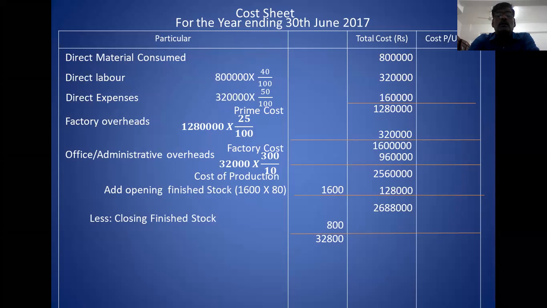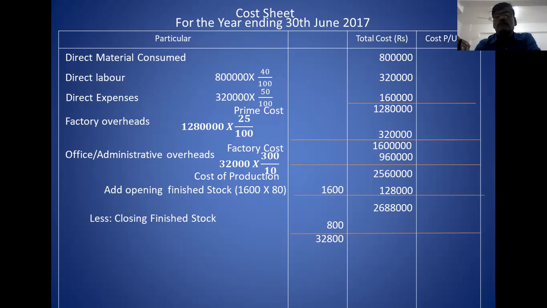Add 1,600 units, amount is 1,28,000. In the unit column, it is not possible to take the total. Amount is 26,88,000. And at the stage of finished stock, 800 units are there. Value is not given in the problem. And quantity sold, units sold, is 32,800.